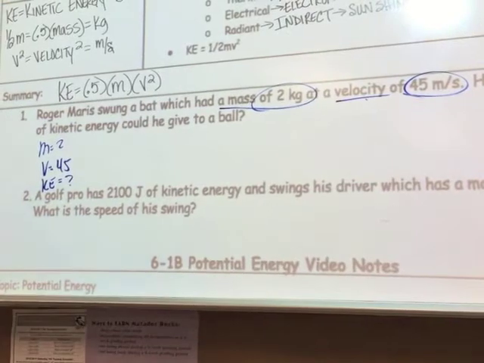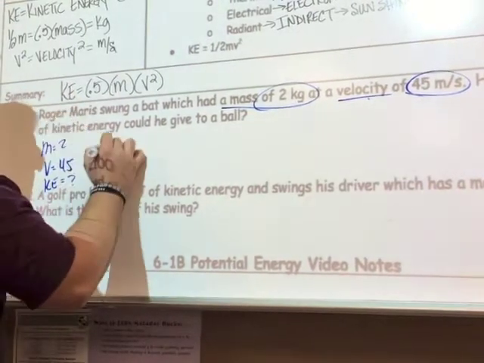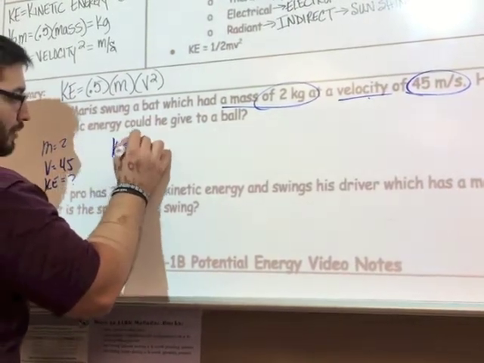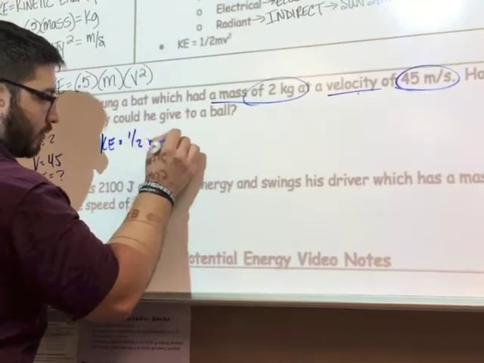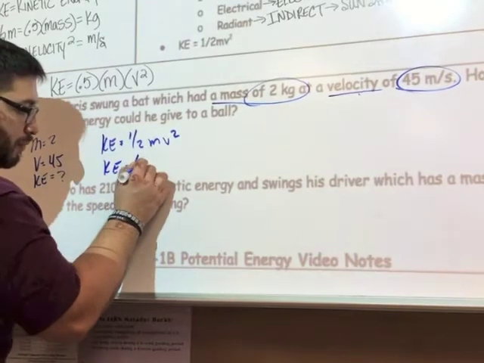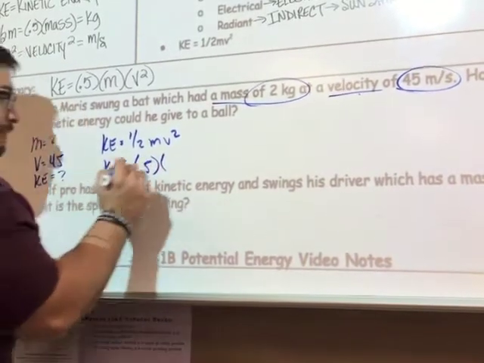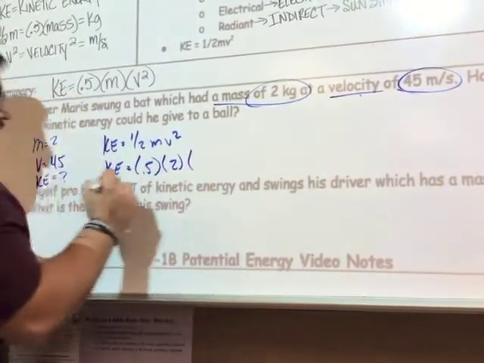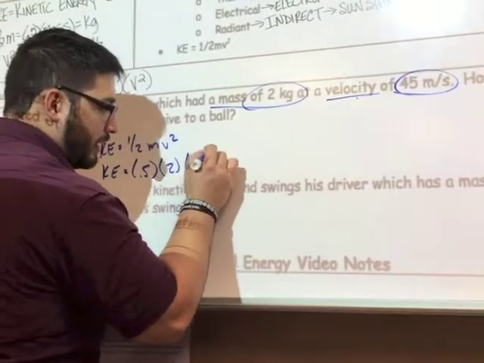So we're looking for kinetic energy. Again, the equation is KE equals 1/2 mv squared. We're still looking for KE, so KE equals 0.5 multiplied by our mass, 2, multiplied by our velocity squared, 45 squared.